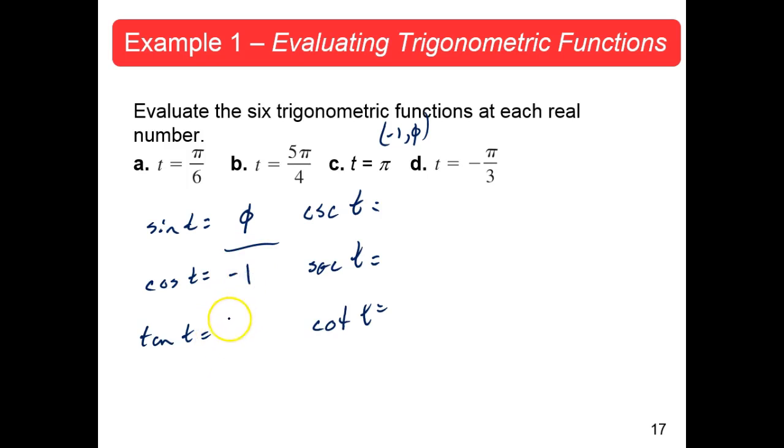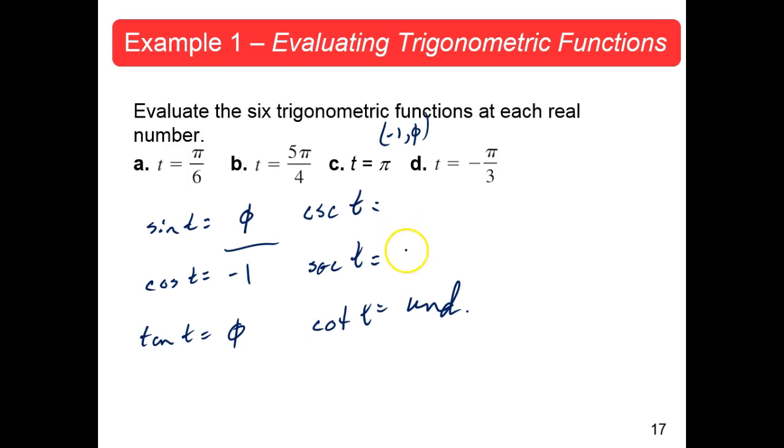Negative 1. Tangent pi? 0. 0, negative 1. That's why I left the line there. So what's cotangent of pi? Say again? Undefined. Okay. What's secant of pi?